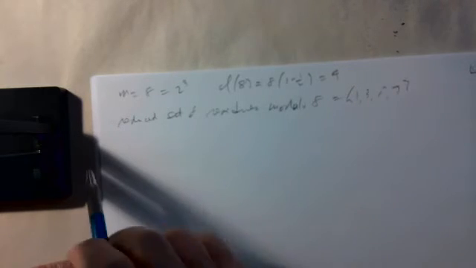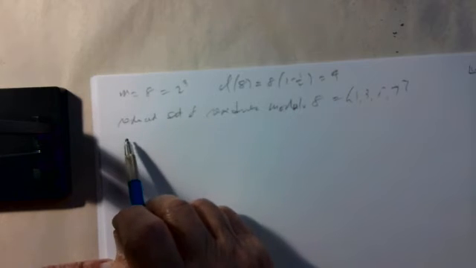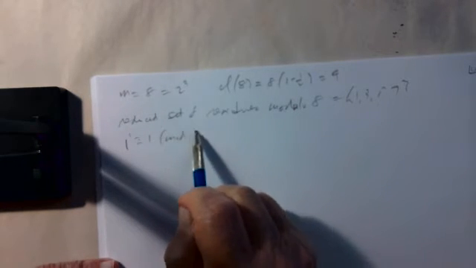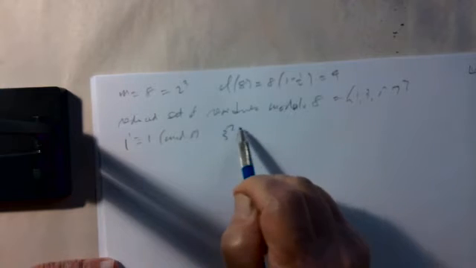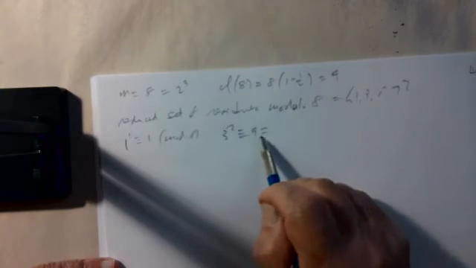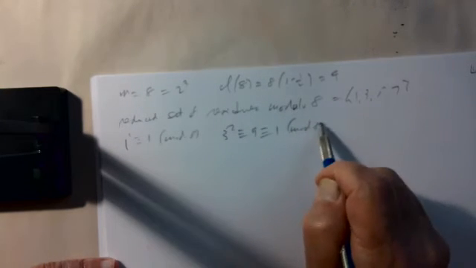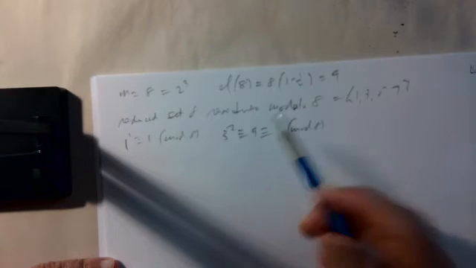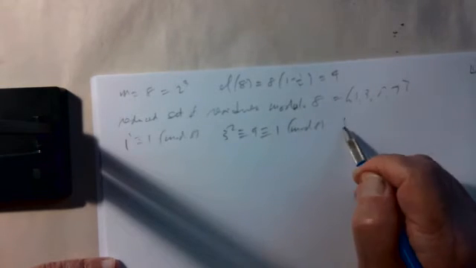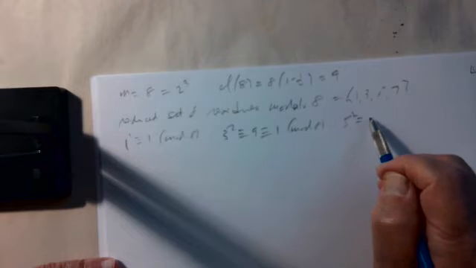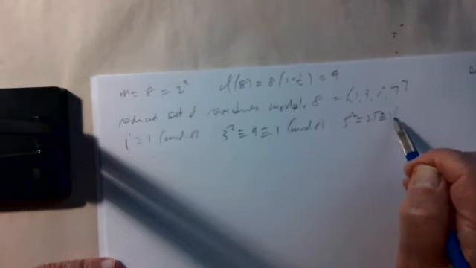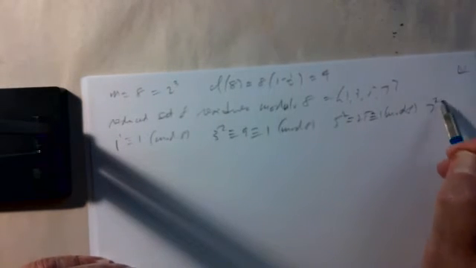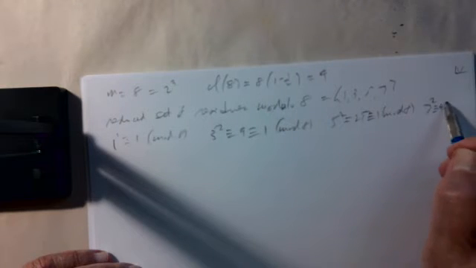Is there a primitive root? Well, any power of 1 is 1 mod 8. That's never a primitive root. 3 squared is 9, which is 1 mod 8. So the powers of 3 are just 1 and 3. 5 squared is 25. That's also 1 mod 8. 7 squared is 49.